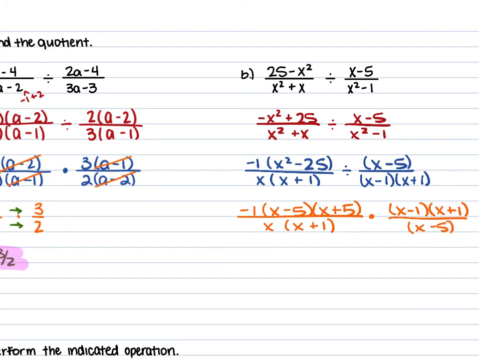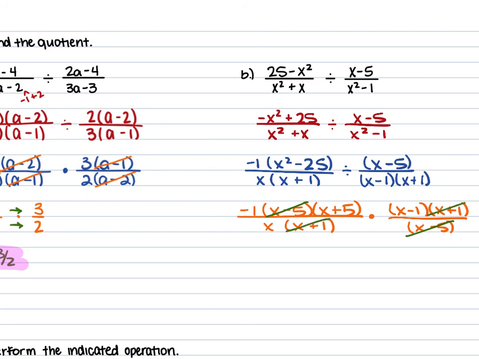From here, you can simplify before you multiply. Diagonally, the x minus 5 is in the numerator of the first fraction and the denominator of the second fraction, so they can cancel. Diagonally, those x plus 1s are in the denominator of the first fraction and the numerator of the second fraction, so they cancel out.